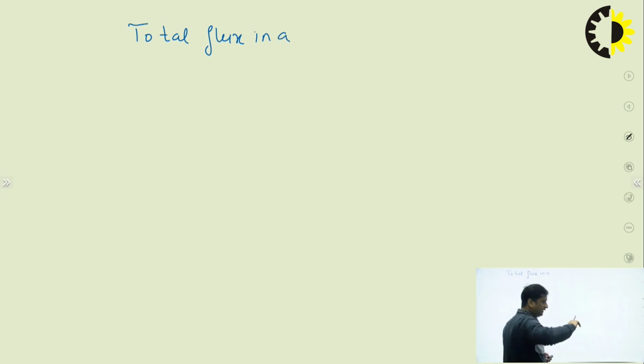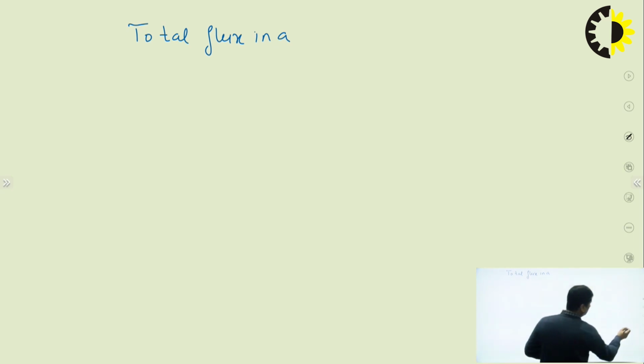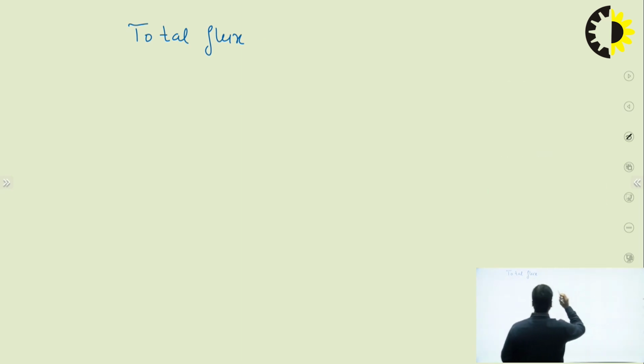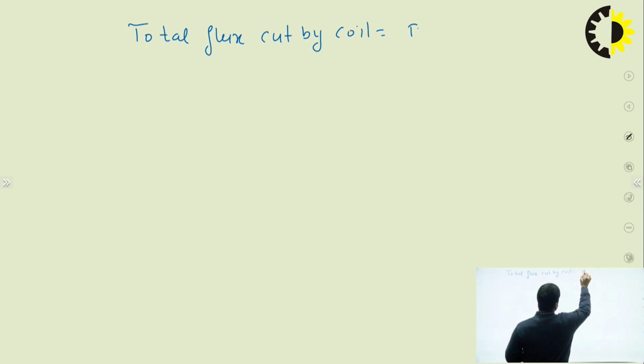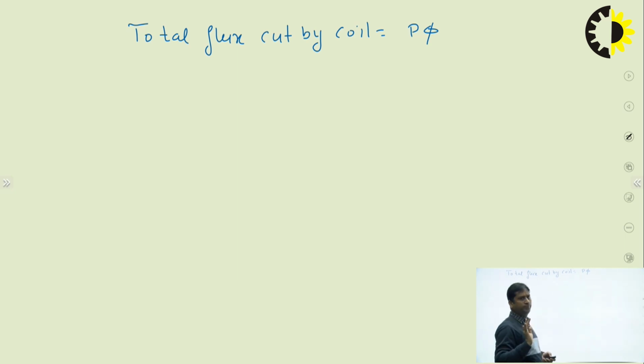The total flux cut by the coil, when the coil is rotated by one revolution, is equal to P into phi, because phi is the flux per pole and P is the number of poles.